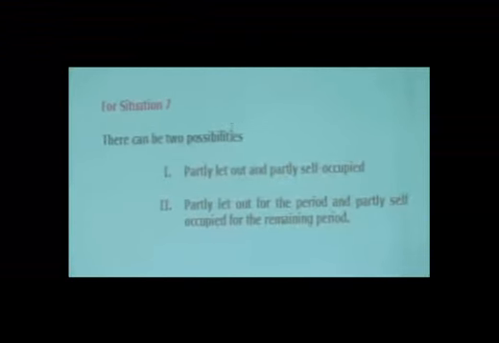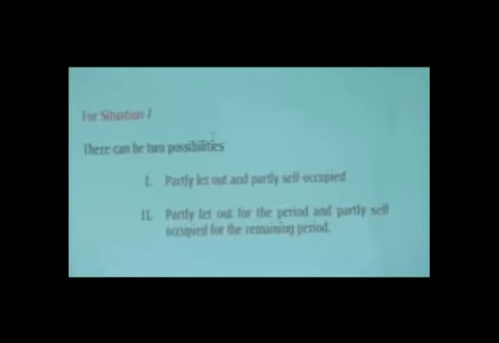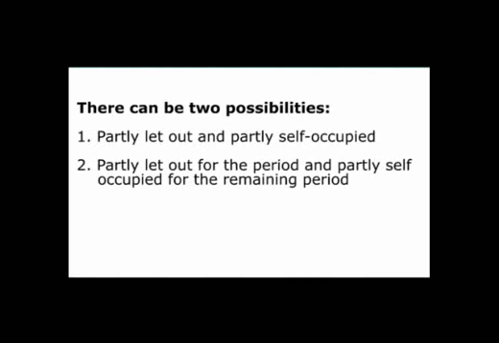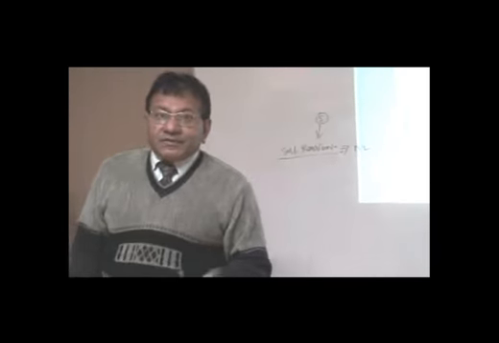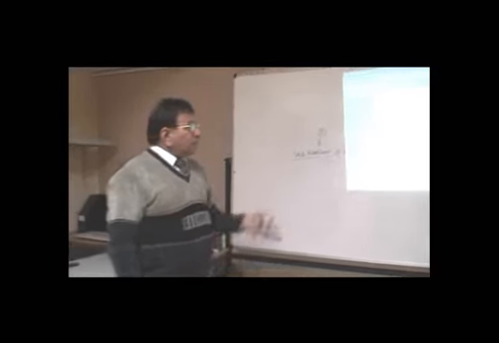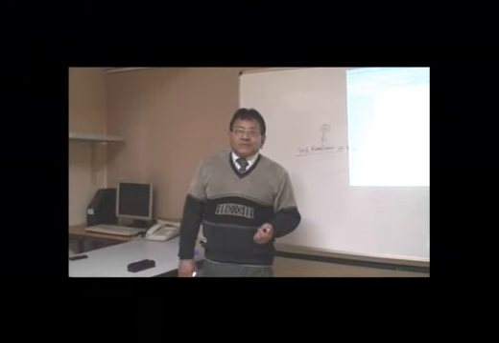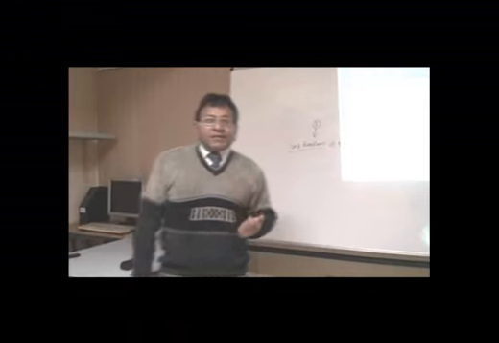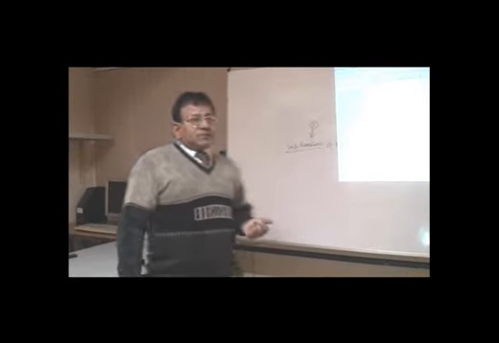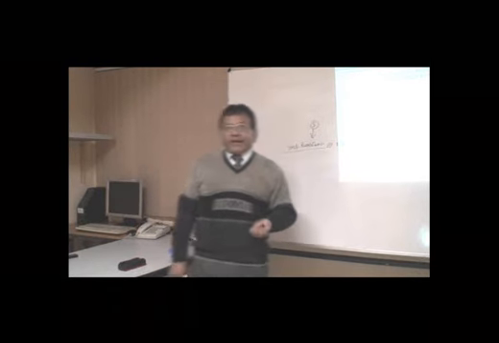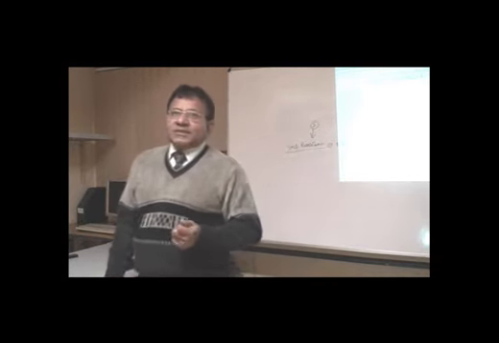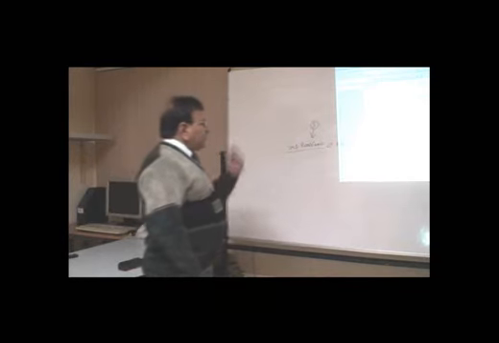The first possibility is that the house is partly let out and partly self-occupied. A person may have a bigger house, with a part occupied by him for self-residence and a part let out on rent. For example, a person has a 2-storied house, the ground floor is occupied by him, and the first floor is let out on rent. So this is the first possibility.